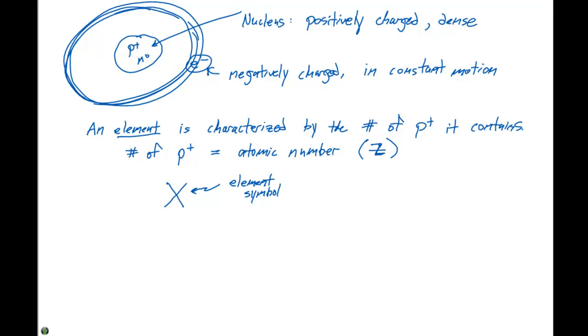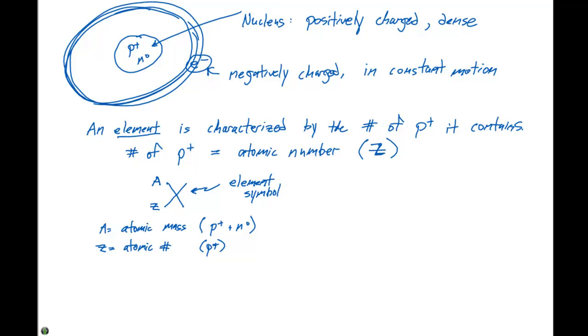So typically, we have a notation where we have the element X, then we have a superscript on the left and a subscript on the left that we refer to as A and Z. A is going to equal the atomic mass. And remember, the atomic mass is going to be the sum of the protons plus the neutrons. Z is our atomic number. The atomic number is simply the number of protons.